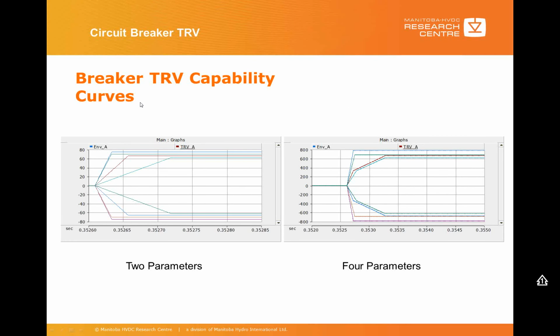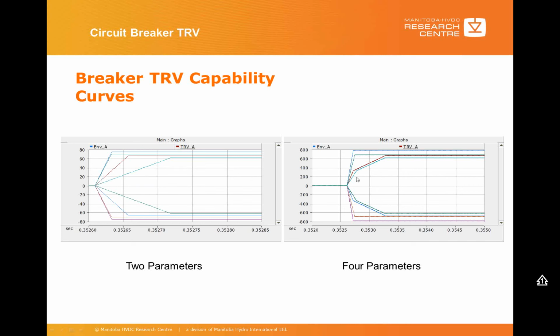So these are the typical TRV capability curves from the IEEE standard. You have 2-parameter and 4-parameter curves. Normally, for voltage below 100 kilovolt, there are 2-parameter capability curves.